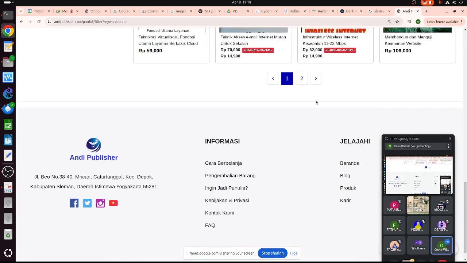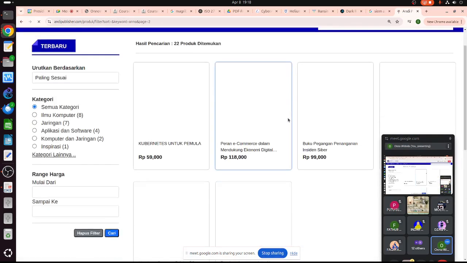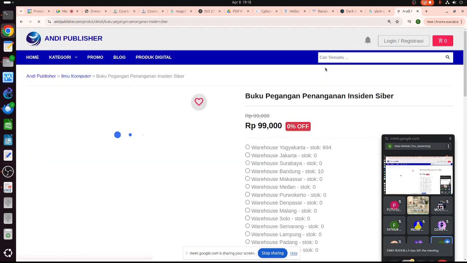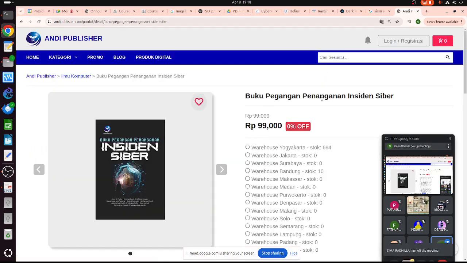Where is it? Okay, this one. Buku pegangan penanganan insiden cyber. In this book, we provide like six, seven SIEM solutions, open source, free. So there are a lot of free ones.